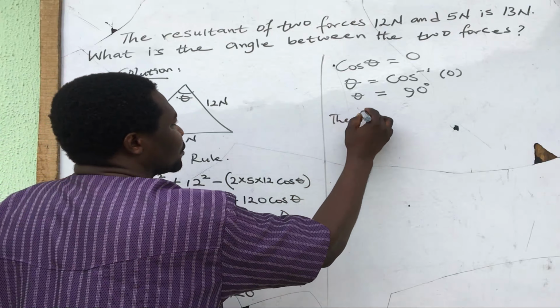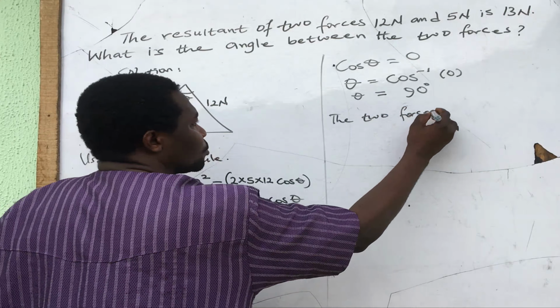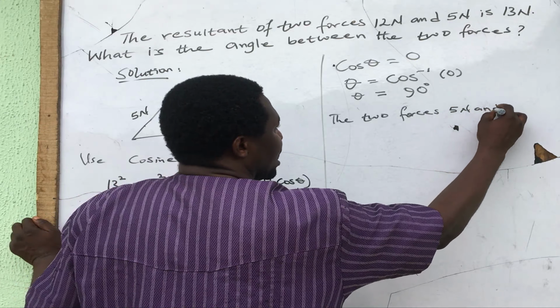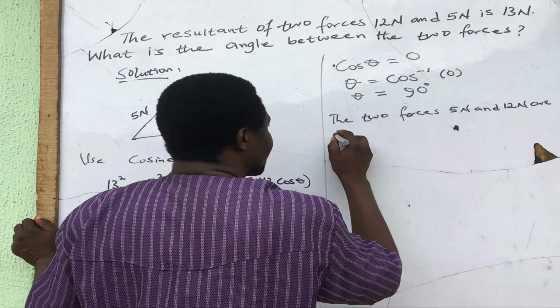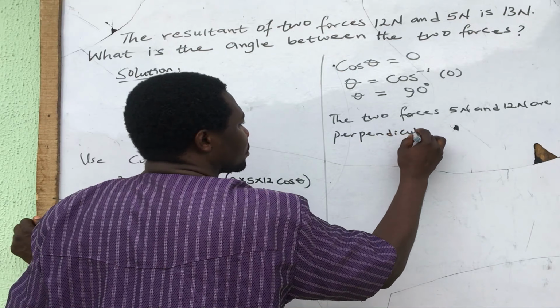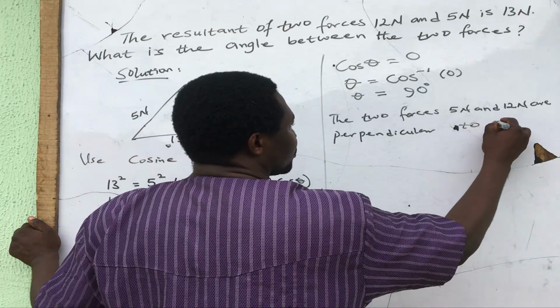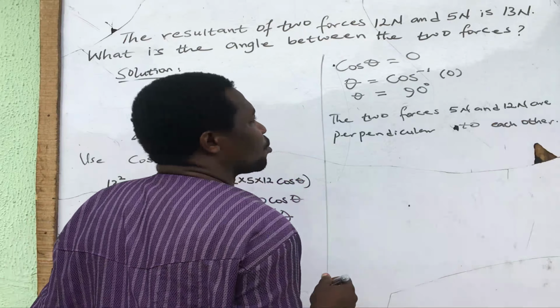So the two forces, 5 Newton and 12 Newton, are perpendicular to each other.